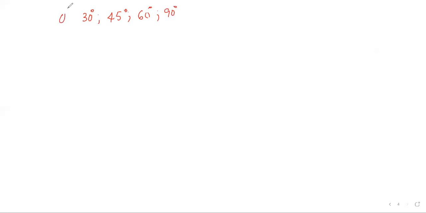We can also look at 0, whereby the sine of 0 is equal to 0, but the cos of 0 degrees is equal to 1. So you have 0, 30, 45, 60, and 90 for now. You can also go to 180, but that's not for this lesson.